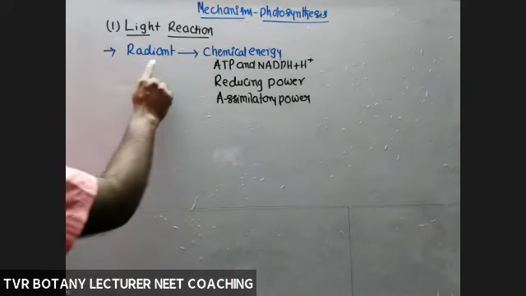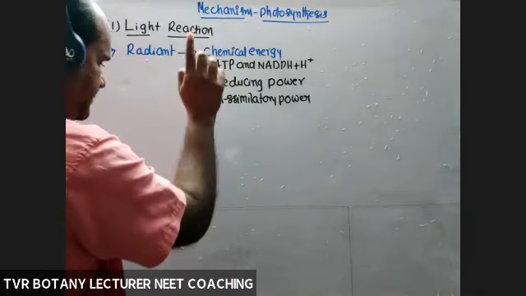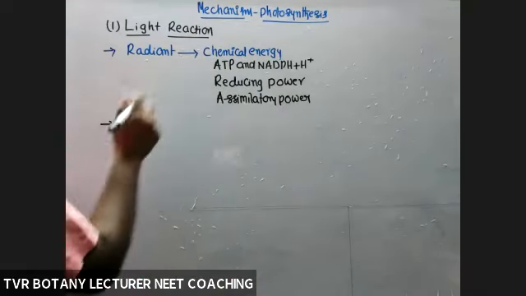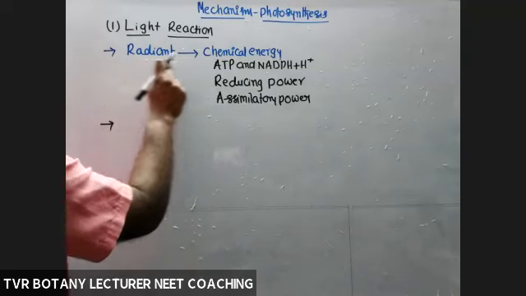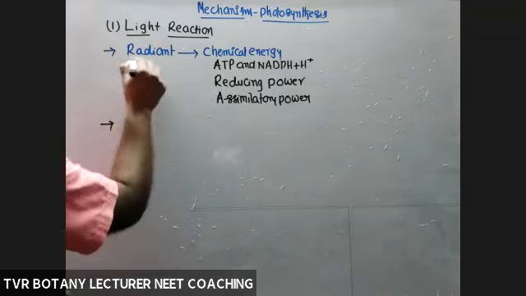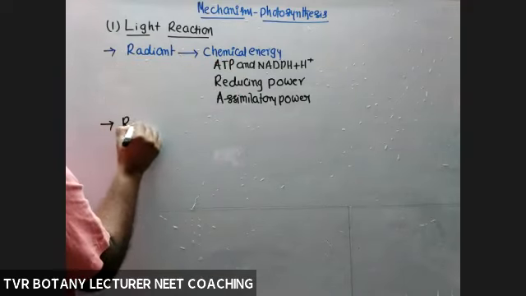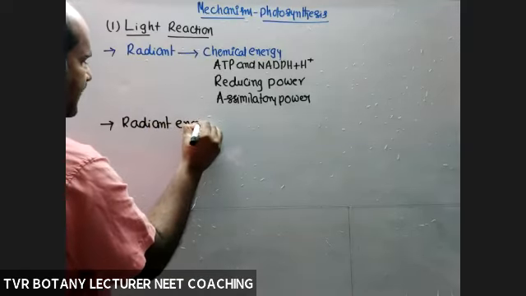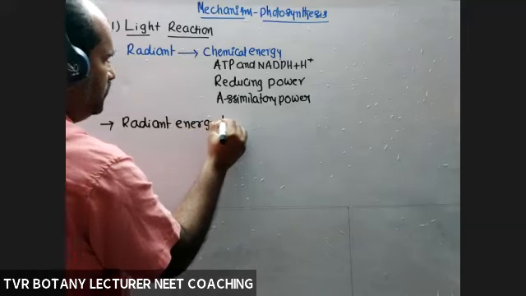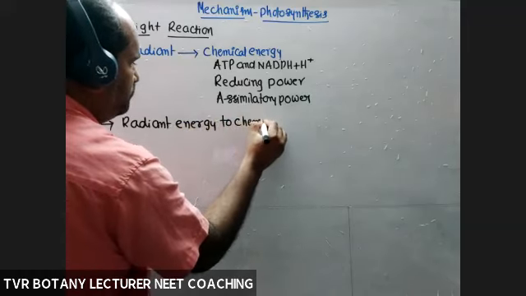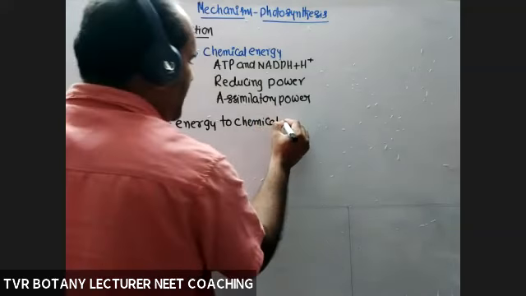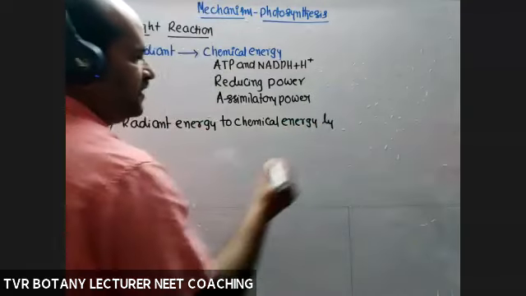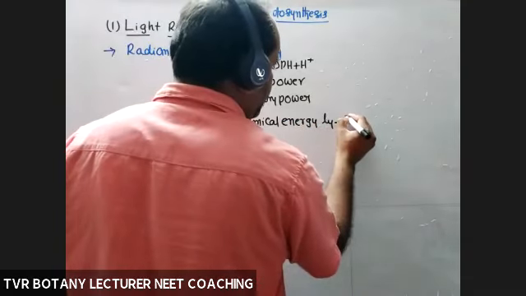Okay, so this conversion of radiant energy into chemical energy, the synthesis of chemical energy, is achieved by ETS, the electron transport system.